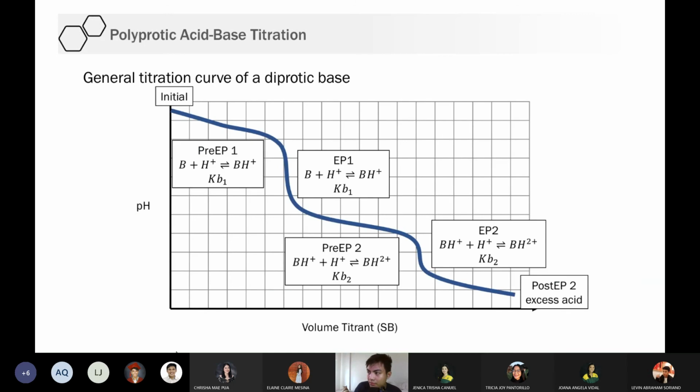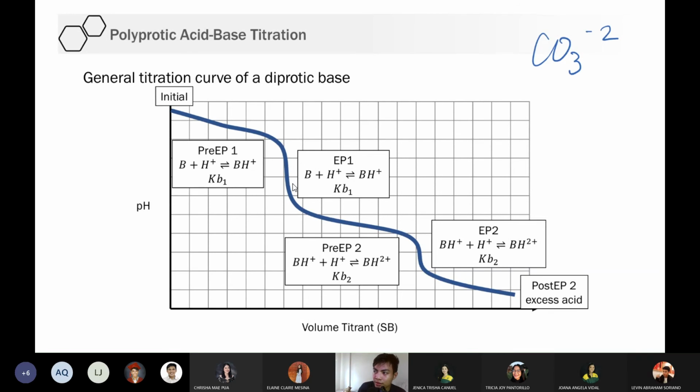Ito, diprotic base. Babalikan natin to sa Lunes. I mean, asynchronous discussion. Wala pang pasok sa Lunes. Ano ganap dito? Ang ganap dito is that, for example, carbonate. It needs 2 hydrogens para ma-neutralize yan.